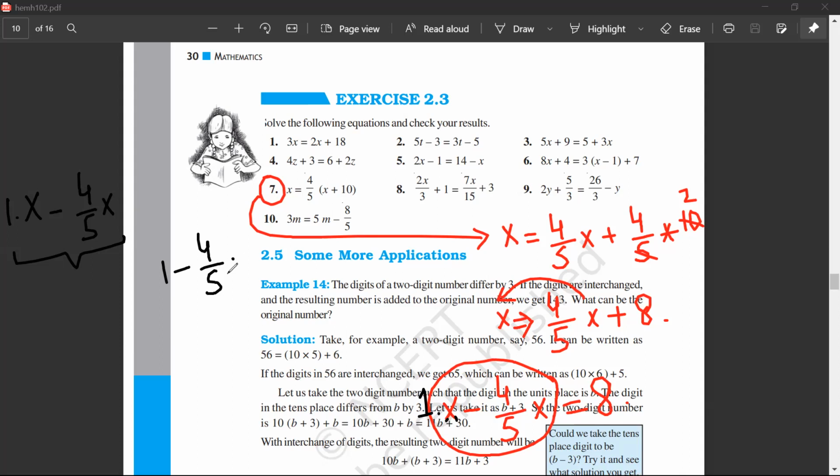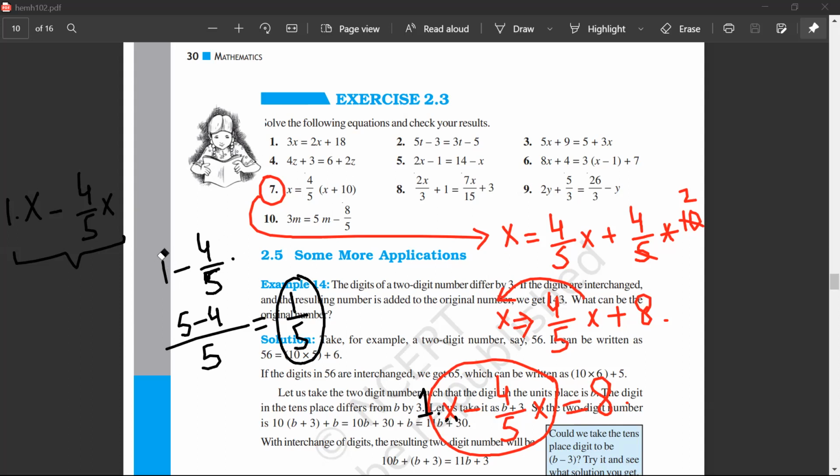Mr. Sarthak? So we'll find the LCM. Sarthak, is it okay? So, but how did 5 come? You can write this 1 as 1 by 1.